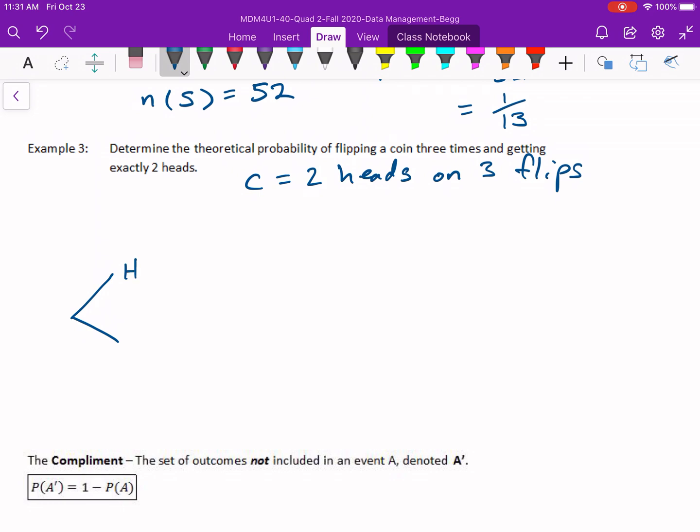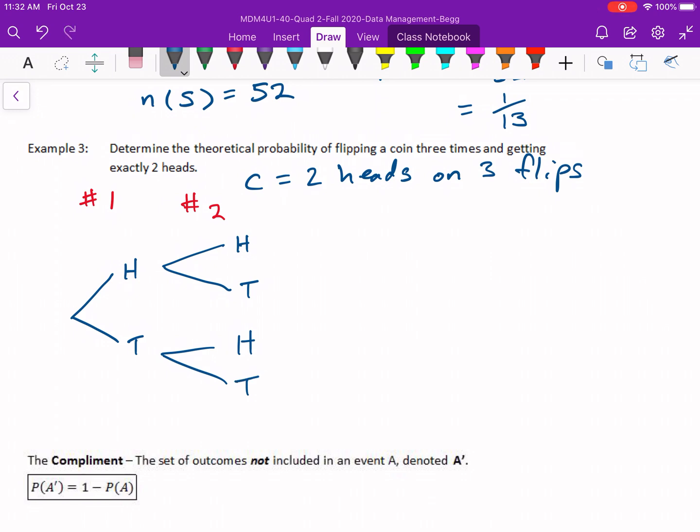You could get heads or you could get tails, right? That's flip 1. If I got heads on the first flip and then I flip again, I can still get heads or tails, of course, on the second flip. And the same thing goes for if I got a tails on the first flip. If I flip again, I could still get heads or tails.